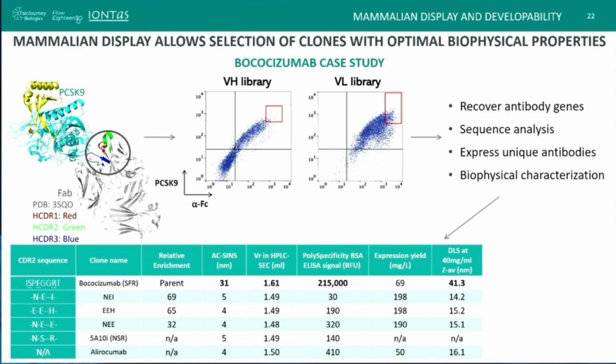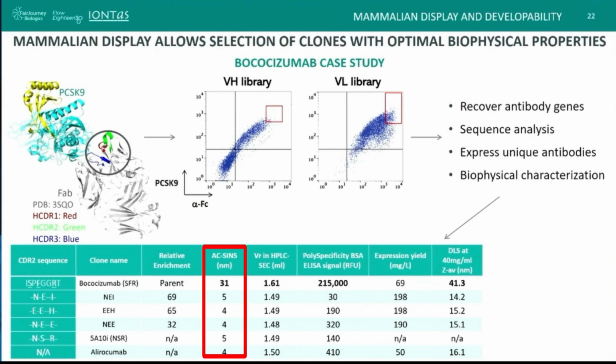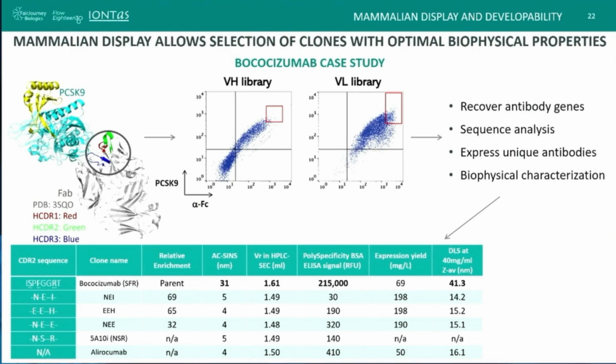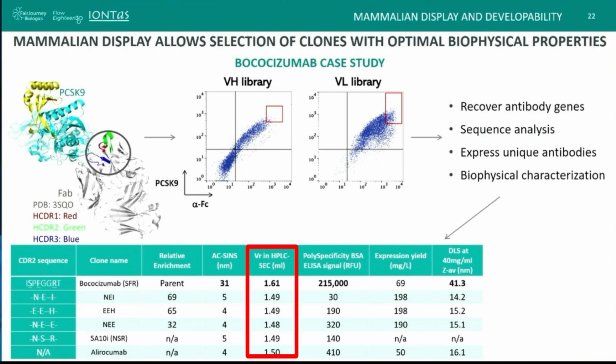And then you see a range of different developability measurements. So you have AC-SINs. Again, for anyone who's not familiar, this is a measure of self-association, and a high score is bad and a low score is good. So again, you see bococizumab has issues, and these variants are matching the best case benchmarks. And you get the same story whether you look at retention time on HPLC-SEC.